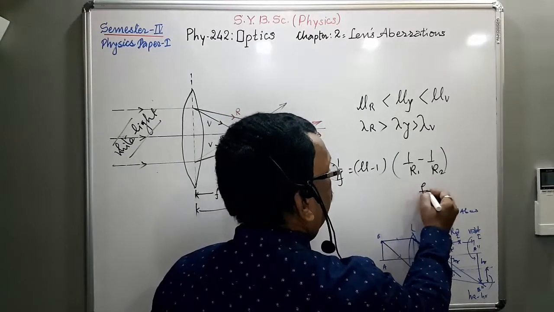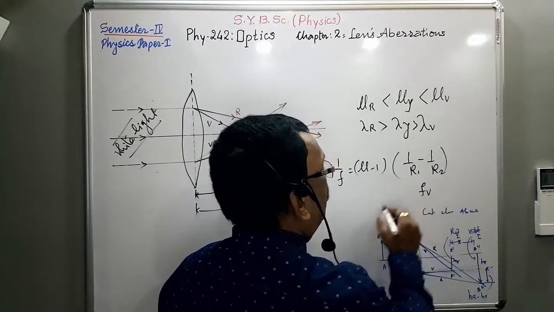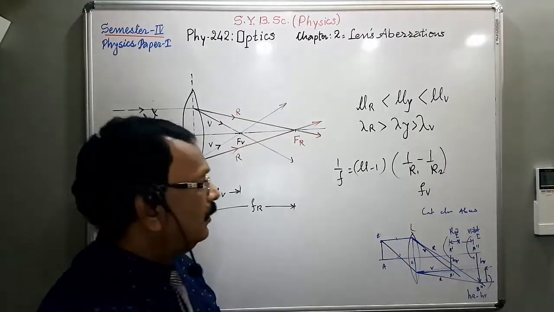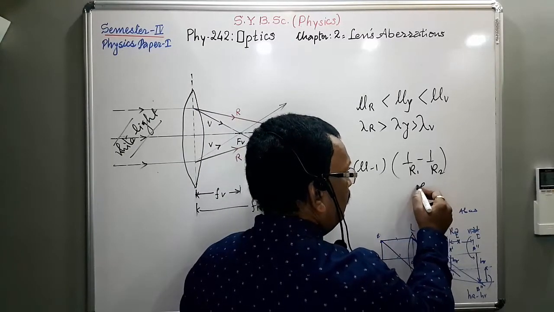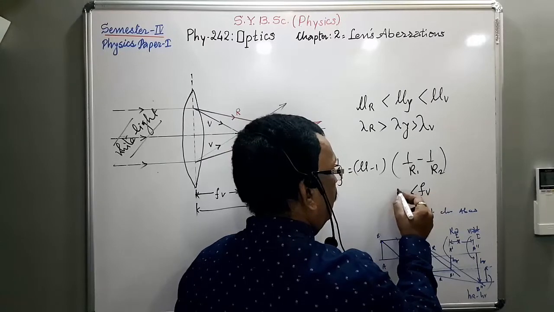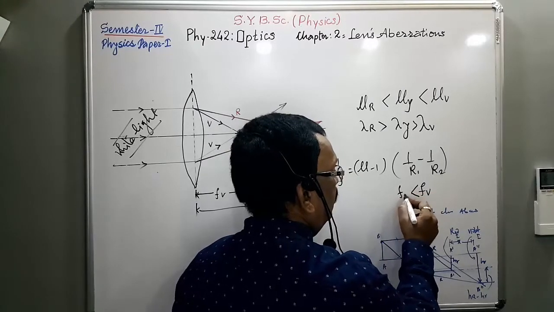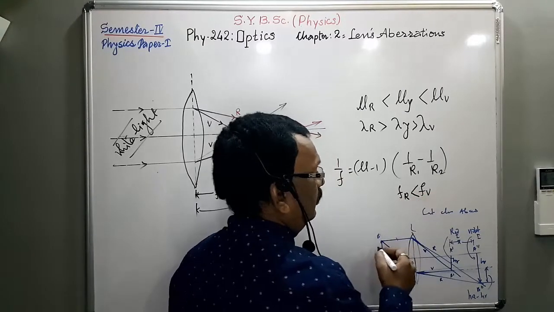Focal length FV is smaller for violet rays, that is, the focal length of violet rays is less than the focal length of red rays.